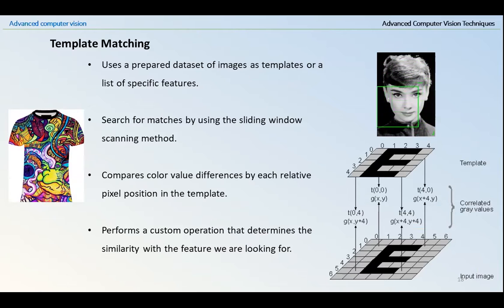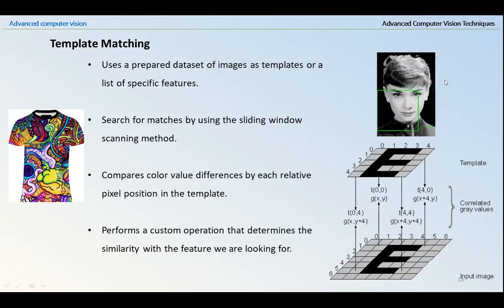That's done by grabbing the template, placing it above the image to process, and computing the difference on color values. But it has to be processed in different positions inside the image. This green square that you see animated would be the template, which is sliding across the image.